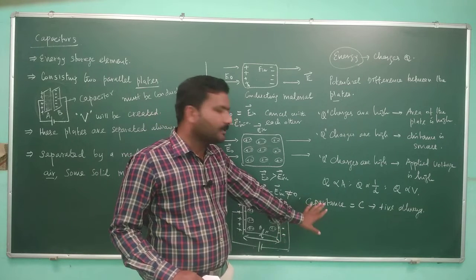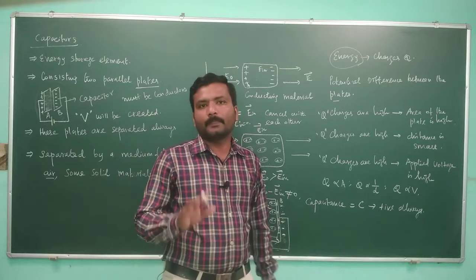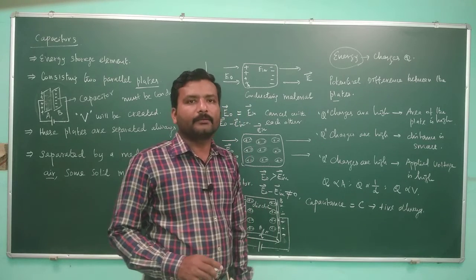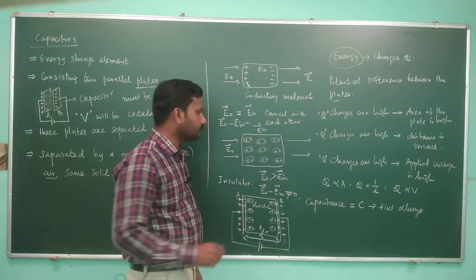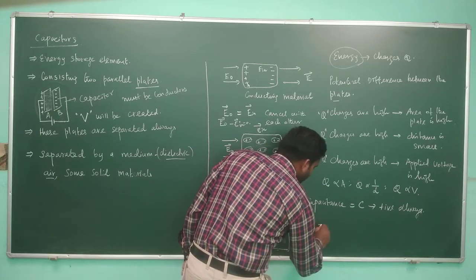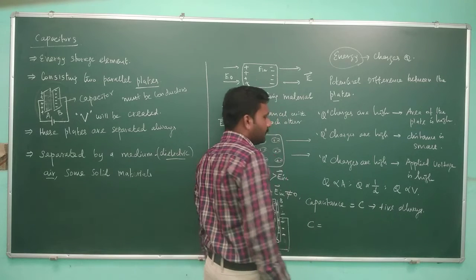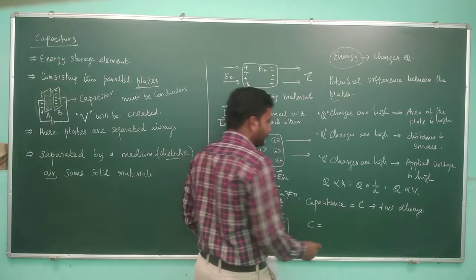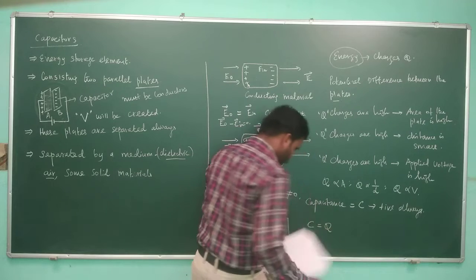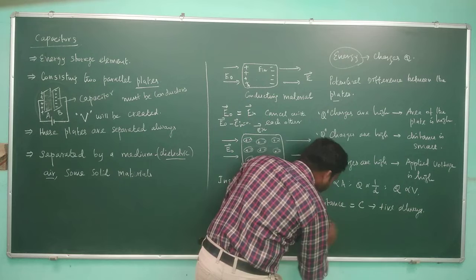So C can be 0, or C can take some positive value, but it can never take a negative value. Fine. Now we can define the equation for this capacitance, which is equal to Q divided by V.